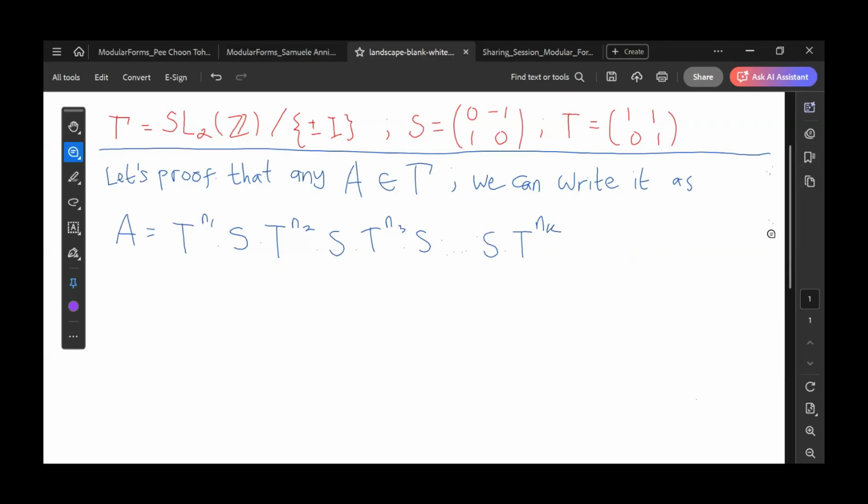We can always write it as a multiplication of S and T.